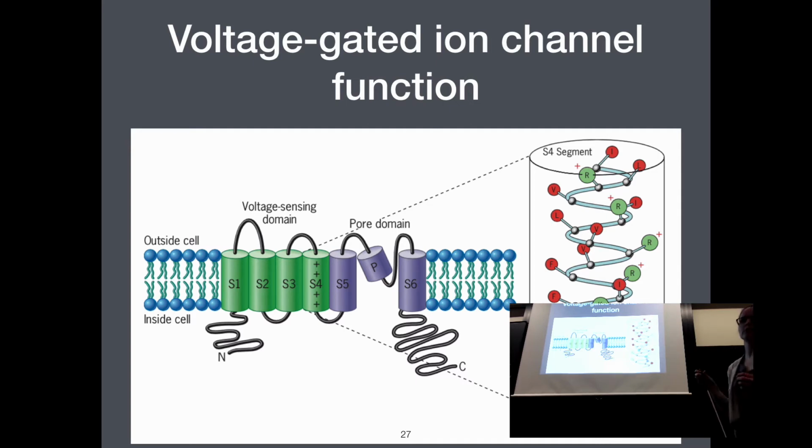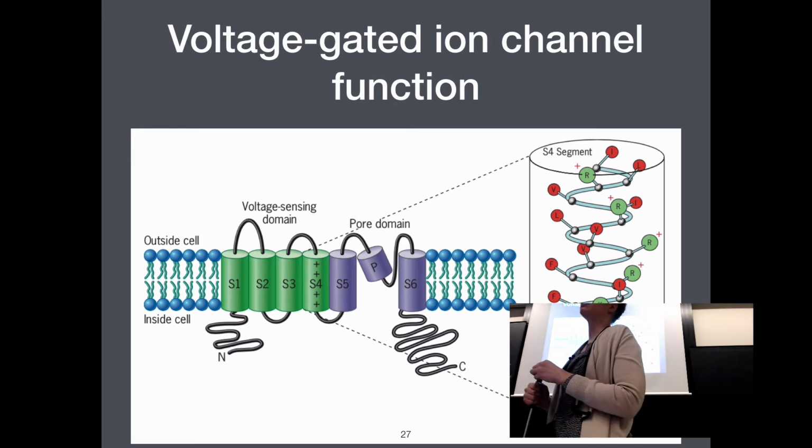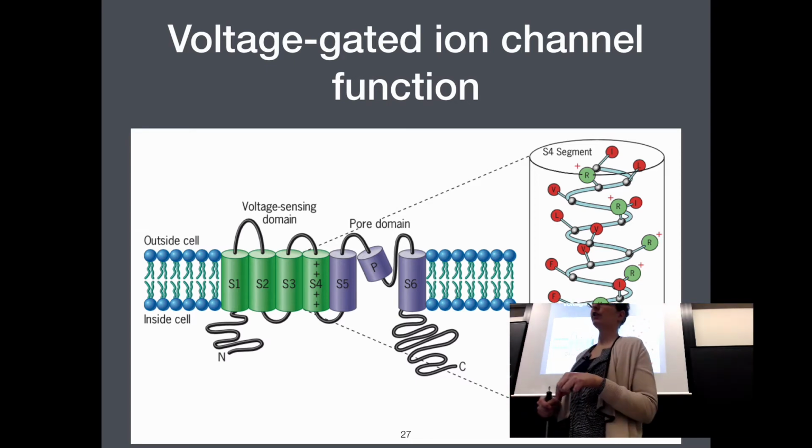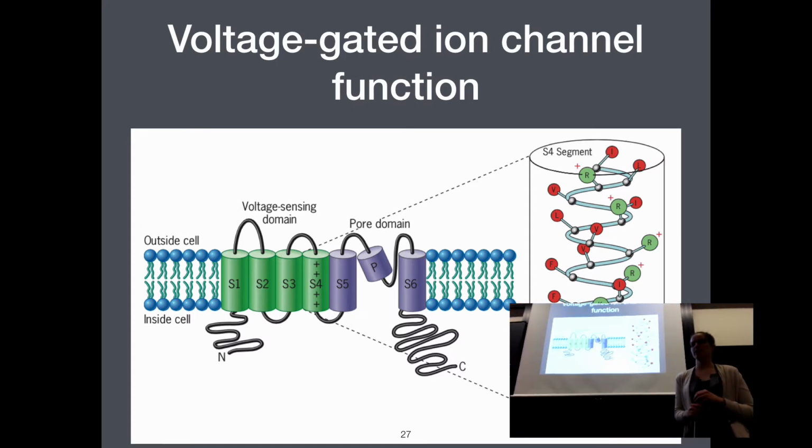And remember what I told you in the first part of the lecture, we don't want to have positively charged residues in a transmembrane position because they're hydrophilic, so it's thermodynamically unfavorable. What can we say if nature has put a lot of unfavorable things in a place?